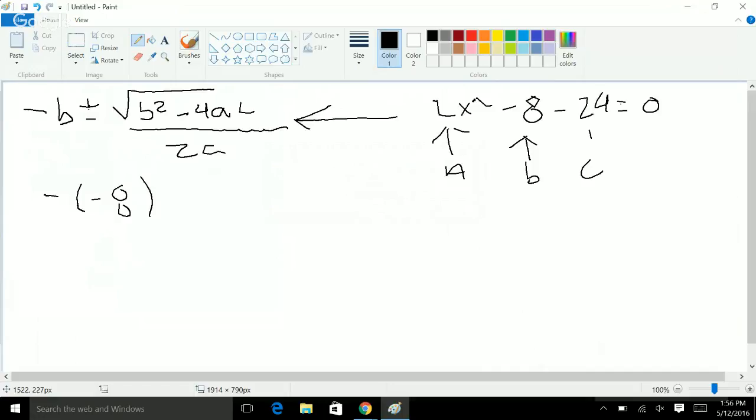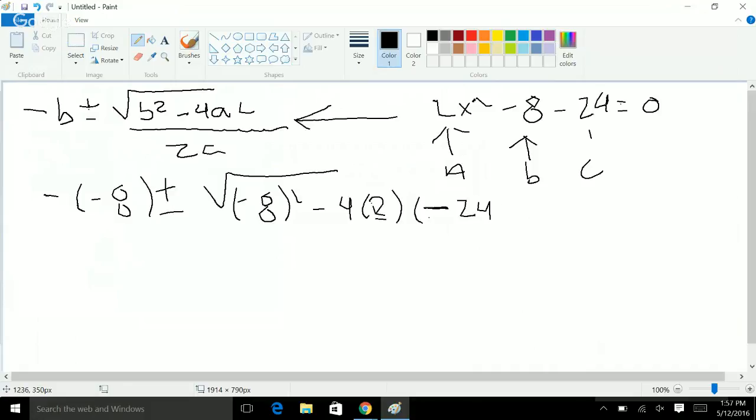So it's negative 8 plus or minus the square root of negative 8 squared minus 4 times 2 times negative 24.